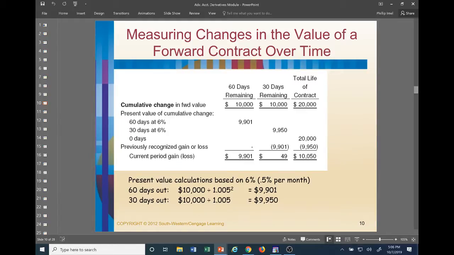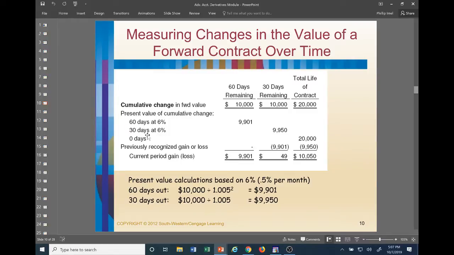So 60 days out, we have the $10,000, which is the cumulative change, divided by 1.005 to the second, because we still have the other remaining periods left, if you recall. This is based on the remaining time of the forward contract. So the present value of the cumulative change here is that 10,000 is actually 9,901 when applying this formula.